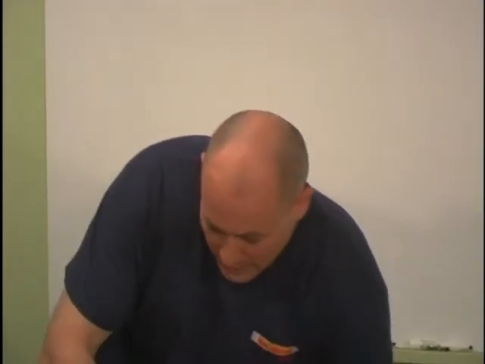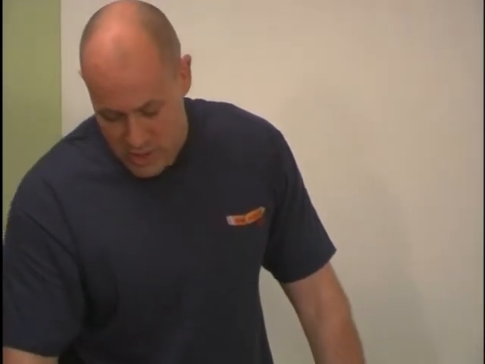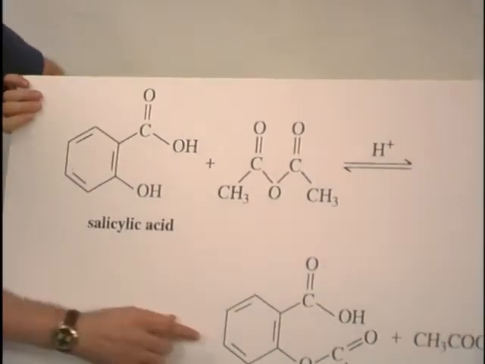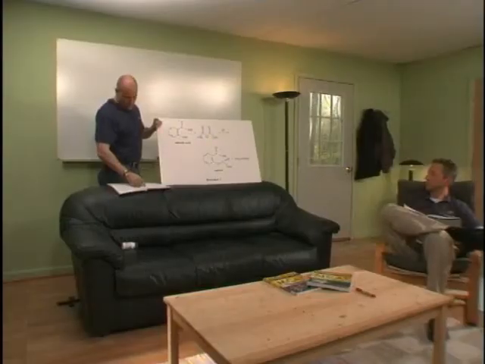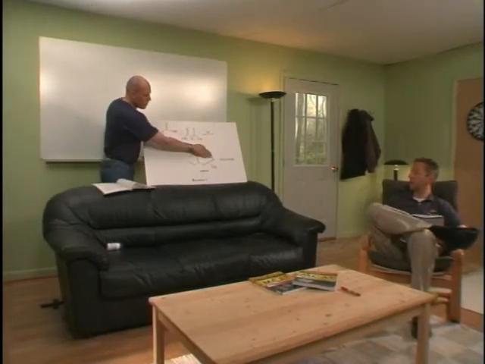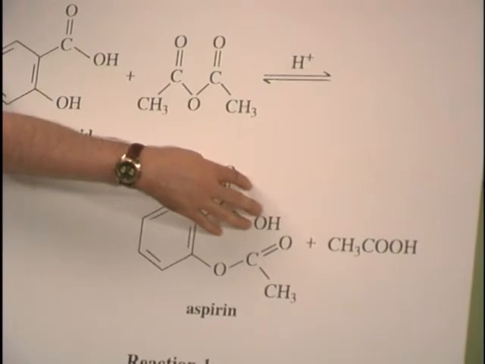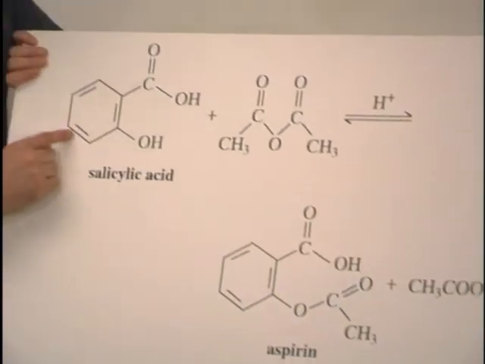If you take a look at choice D, aspirin can decarboxylate to form salicylic acid in the presence of sodium bicarbonate. Here's aspirin. If aspirin decarboxylates, does it form salicylic acid? It does not. You'd lose CO2 in decarboxylation. The carboxylic acid group is removed, and we would not end up with salicylic acid.